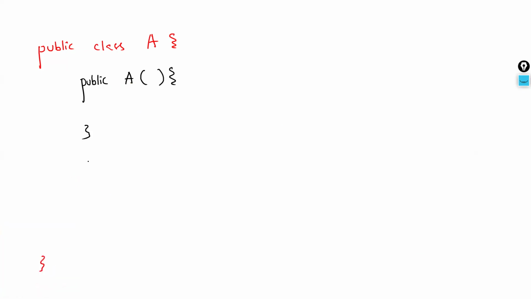So first, if we have one more constructor in the class, what's the syntax? Access modifier, then the class name only. Therefore, we have to write A only. Then open and close parenthesis, then the body. Is it correct or wrong?